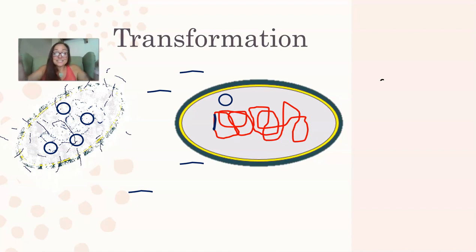Now, sometimes those plasmids could also exist in the environment, and the bacterium can actually take in plasmids. This is a common lab to be done in a biology class, called plasmid-based transformation, where scientists can genetically engineer a plasmid so they can insert a certain gene or have a gene of interest on that plasmid.